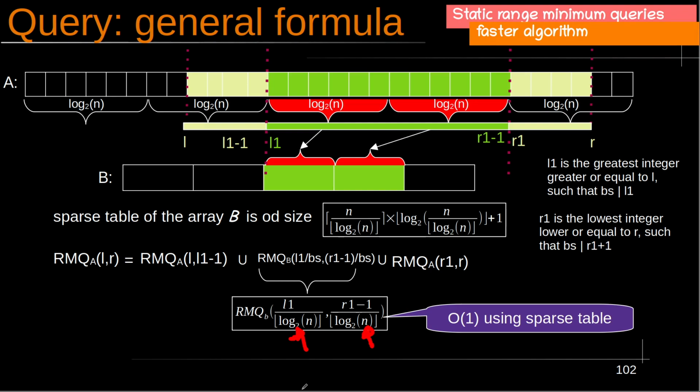We can use the sparse table and compute this minimum in constant time. You may ask why we divide by Bs, or log 2 of n, to know the block number. L1 is the index in the original array A, so to know which block corresponds to that index, we divide by Bs.